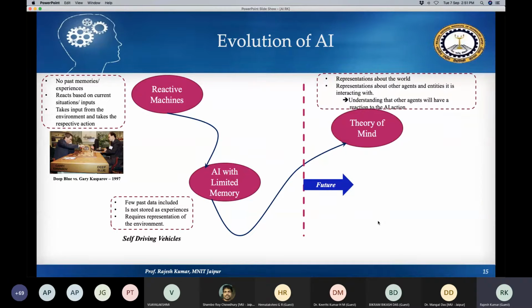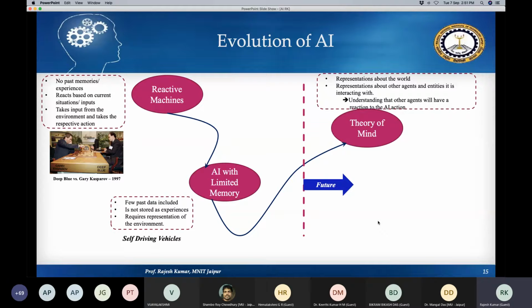What we are expecting in theory of mind is a representation of the world and of others, what they are doing, and interacting with them. Not only interacting, machines will take some actions based upon other actions.